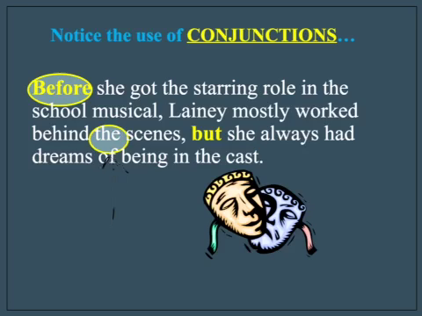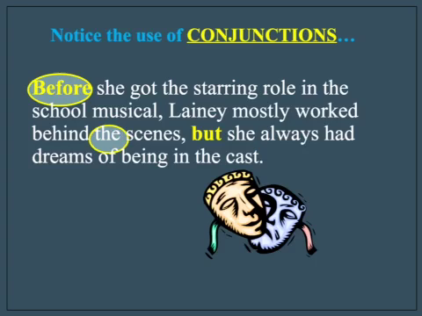So, conjunctions in a compound complex sentence. Before she got the starring role in the school musical, Lainey mostly worked behind the scenes, but she always had dreams of being in the cast. It's a perfect, grammatically correct sentence because it uses conjunctions. You'll see the first conjunction is a subordinate conjunction, before, which makes the first part of the sentence a dependent clause.